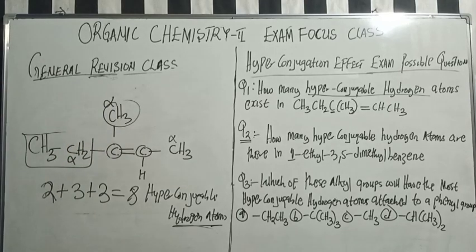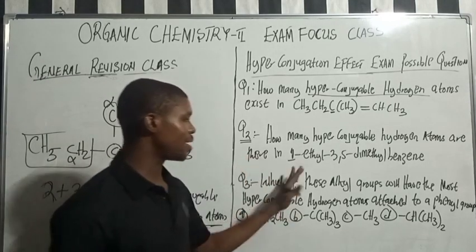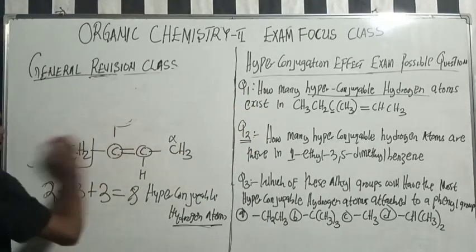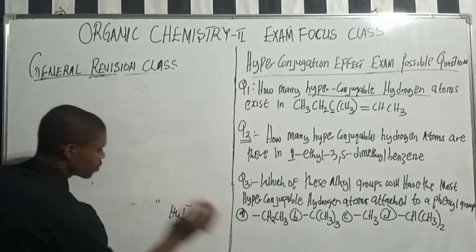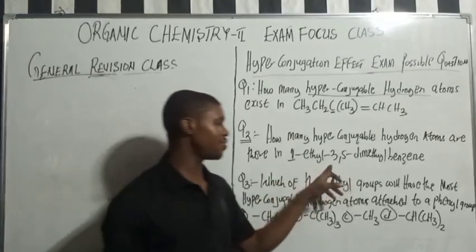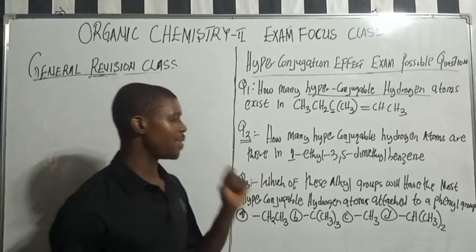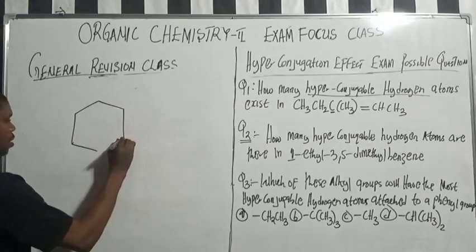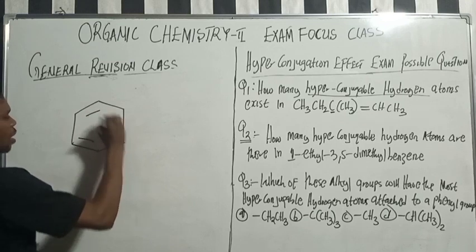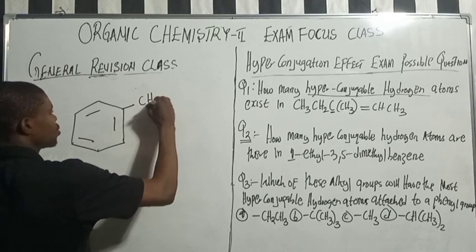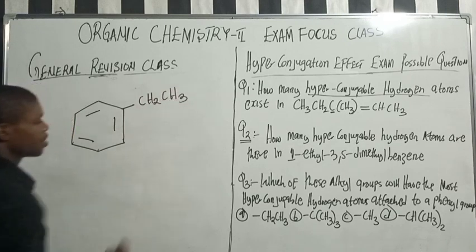So the B part. How many hyperconjugable hydrogen atoms are there in 1-ethyl-3,5-dimethylbenzene? Let's check that out. Here we have 1-ethyl-3,5-dimethylbenzene. This is called the benzene ring. Here we have one ethyl, CH2CH3, right?